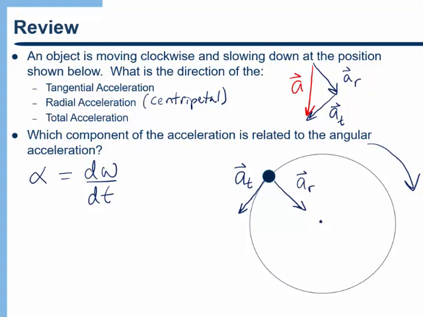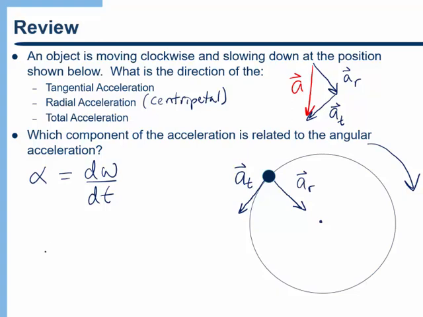And that's why when we covered uniform circular motion, we only had the radial component of the acceleration. Therefore, you'll notice that alpha is related to the tangential acceleration. If the object's moving with a constant speed in a circle, there is no alpha, there is no a_t.